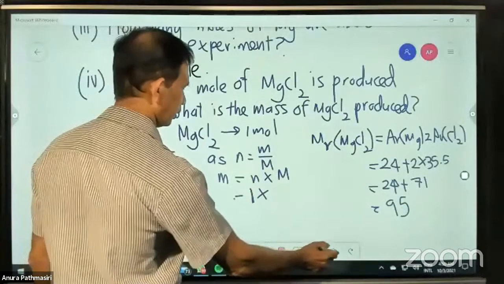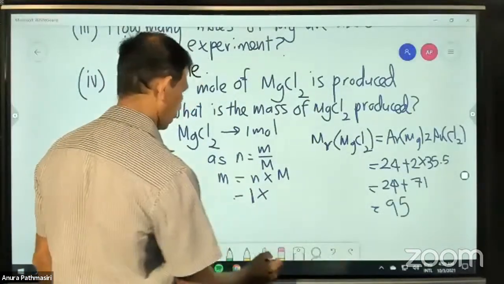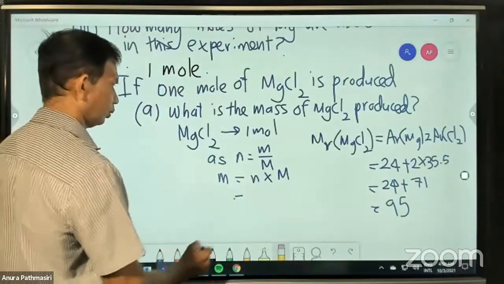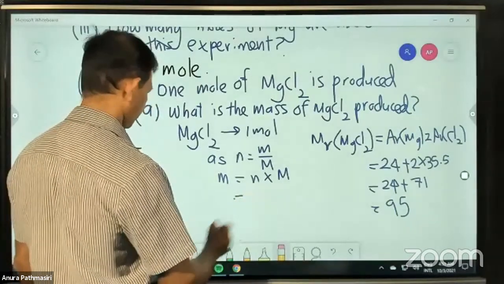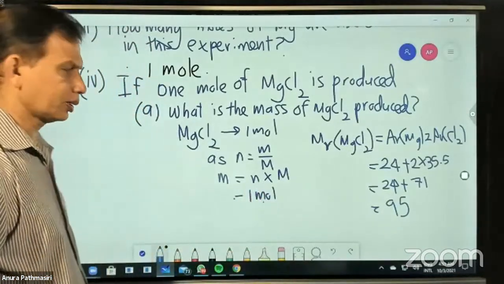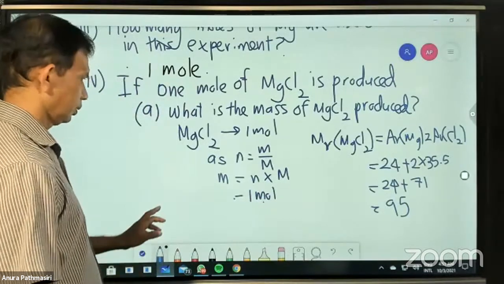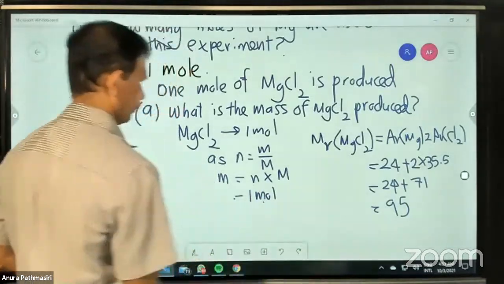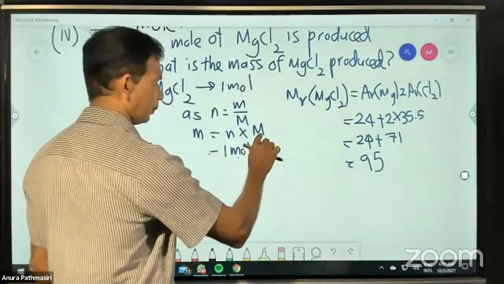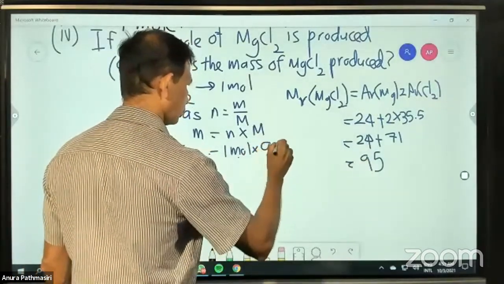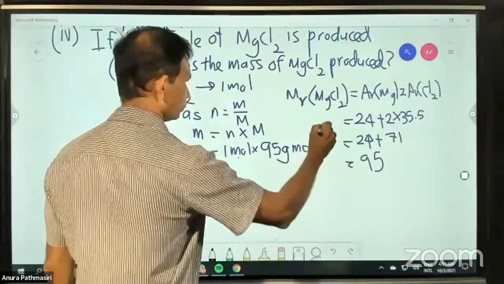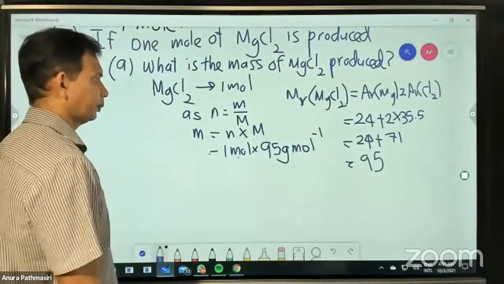So the molar mass is given. I can write it here: number of moles, 1 mole. Can you see this board or should I share the screen? Can see. Right. 1 mole times molar mass 95 grams per mole.